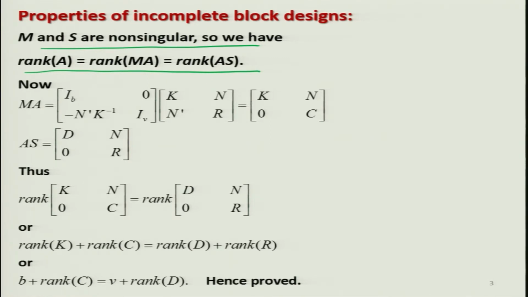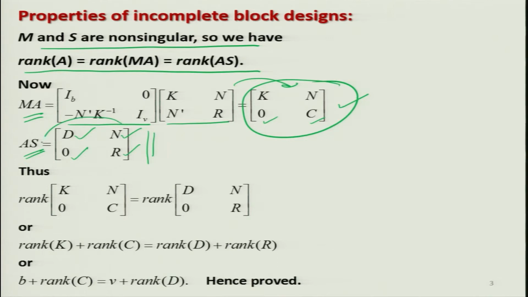Now let us find the matrices MA and AS. MA is obtained by multiplying M and A, and it comes out as K, N, null matrix 0, and C. Similarly, AS is obtained by multiplying A and S, and you will get D, null matrix, and R. Now you have these two matrices, so the ranks of both matrices are going to be the same.